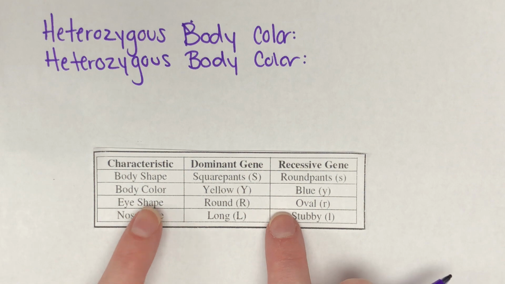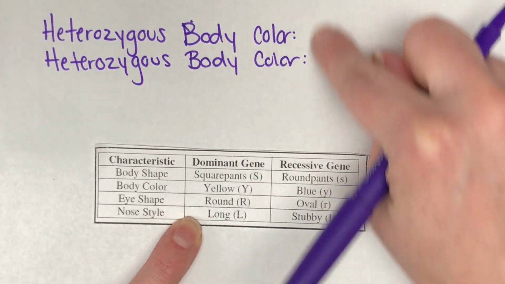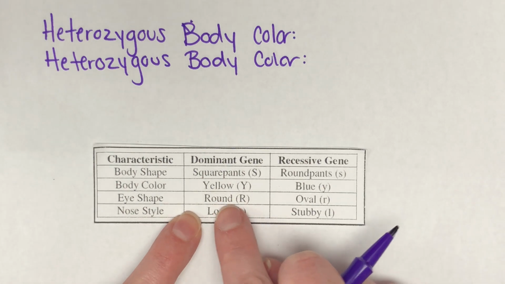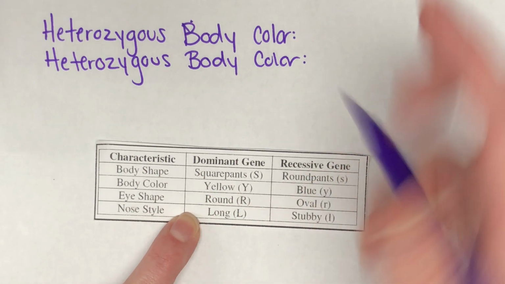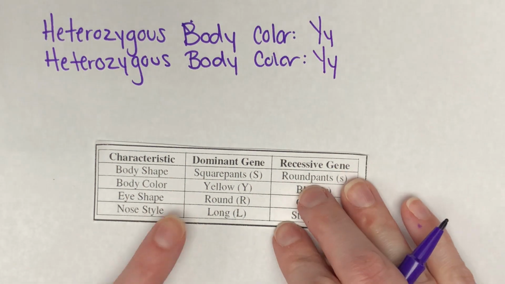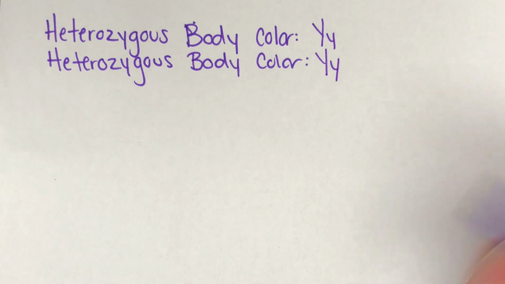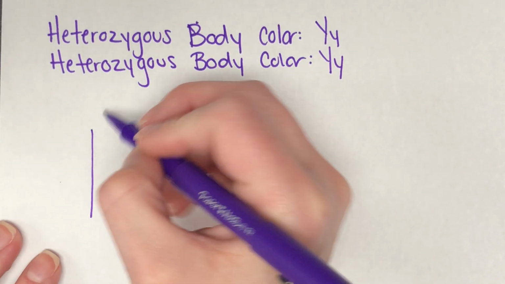So step 1 is going to be the same. Heterozygous body color, notice these are both the same. So heterozygous for body color would be big Y, little y. Okay, so now we're going to do this cross, and I'm going to show you how I do this. Step 2, again, stays the same.